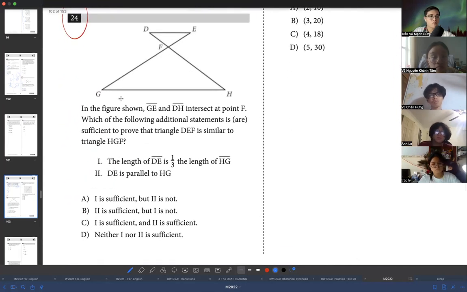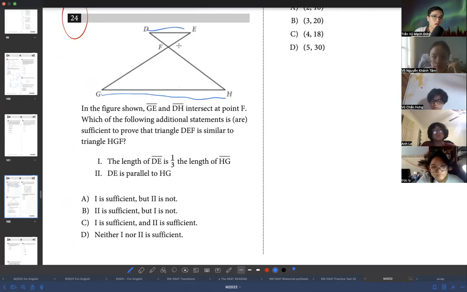Okay, how about 24? You do it also? 24B. 24B, very quickly. 2 is sufficient, but 1 is not. So when GH and DE are parallel to each other, what do you have from these two inner angles?